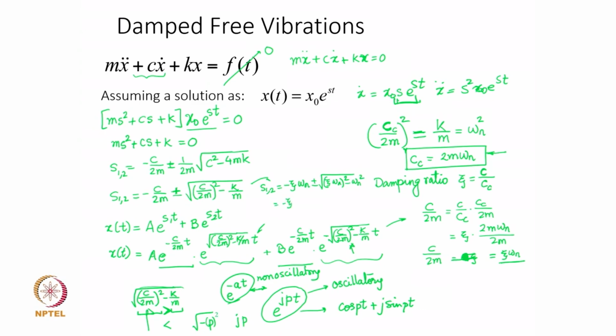Therefore, this becomes minus zeta omega n plus or minus omega n, and if I take it outside, square root of zeta square minus 1. So, these are the expressions of the two roots.